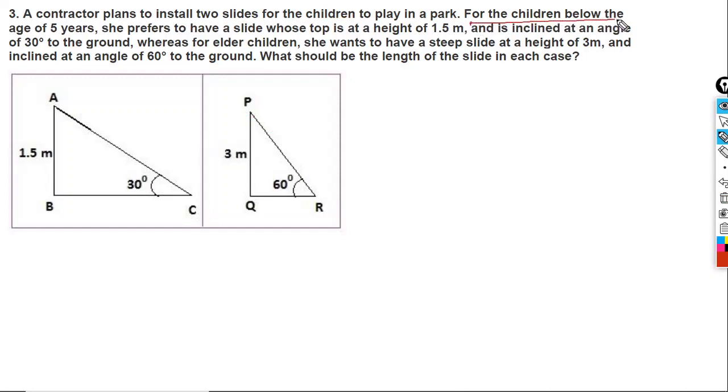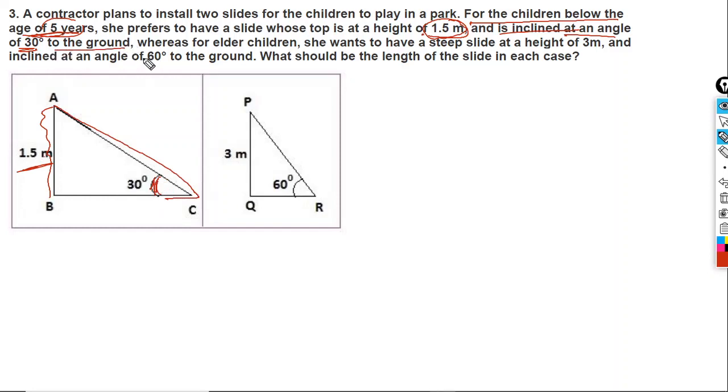For the children below the age of 5 years, she prefers to have a slide whose top is at a height of 1.5 meter. So for children below 5 years, the height of the slide is 1.5 meter and is inclined at an angle of 30 degree.